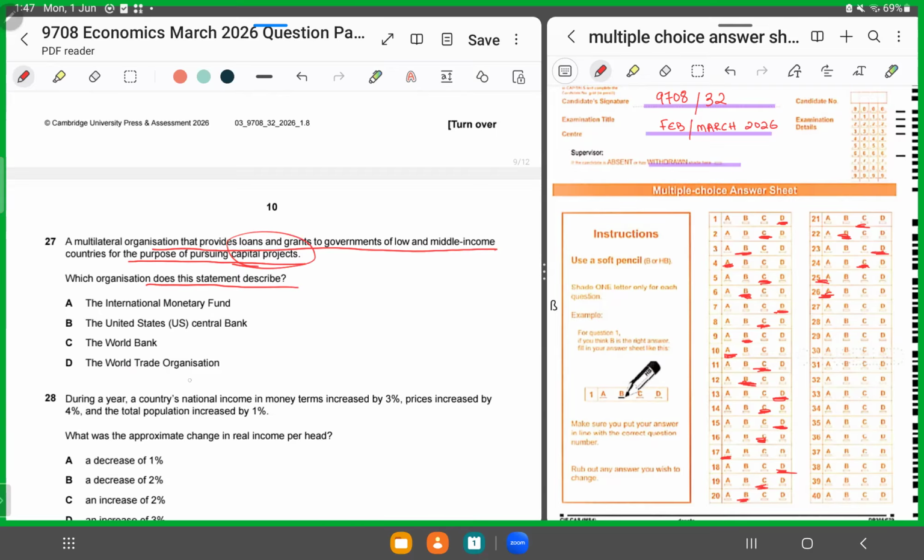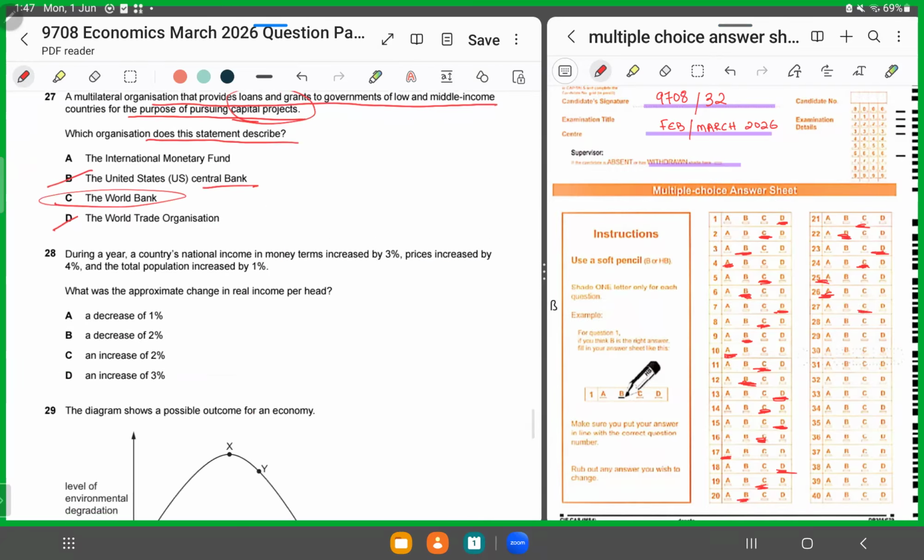Is it the World Trade Organization? It's not the World Trade Organization because that's for trade. It's not the central bank because that's the Fed, US. That's incorrect. It has to be the World Bank. The World Bank finances development and infrastructure projects in low and middle income countries. So for 27, we'll shade in C as the correct answer.